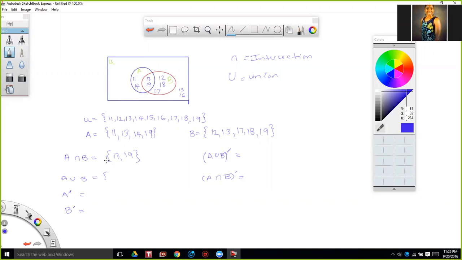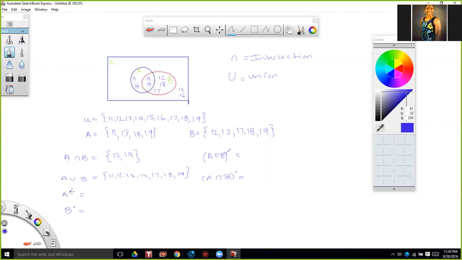So it would be 11, 12, 13, 14, we skip 15 and 16, and so we do 17, 18, and 19. This is the union of A and B. All your stuff is put together.